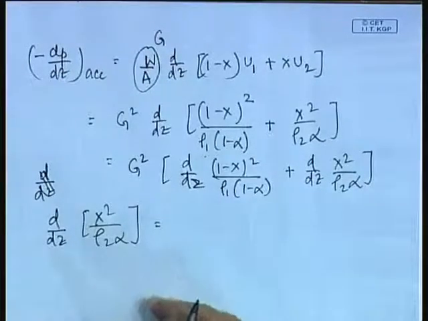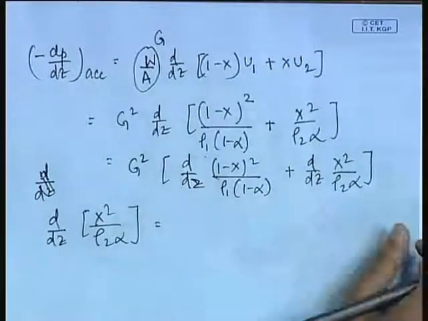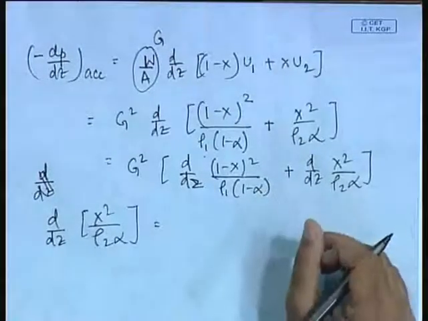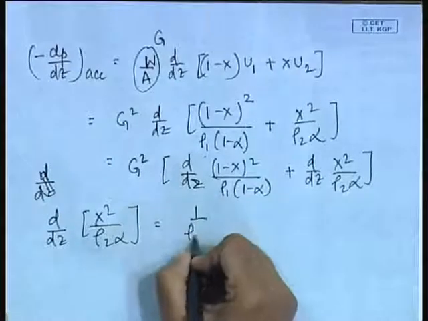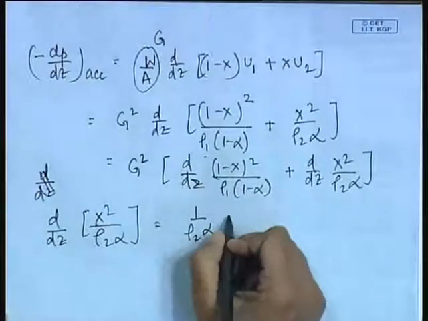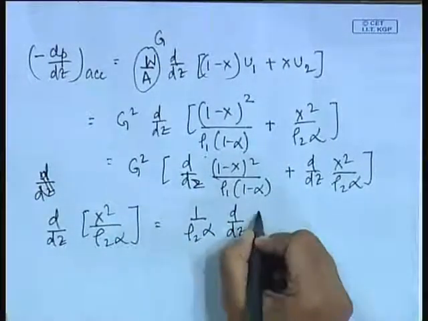These will naturally be the most complex derivations as far as multiphase flow is concerned, and I would request that you practice those derivations quite a number of times, otherwise you will not get yourself familiarized with these particular things.